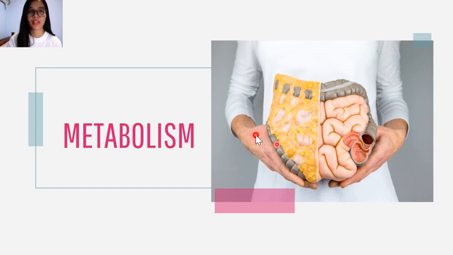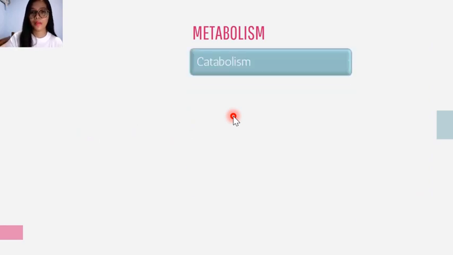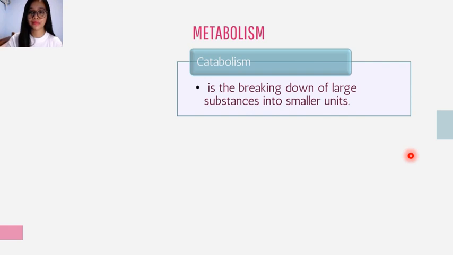Okay, so if you can remember, there are actually two types of metabolism. You have your catabolism, and it is the breaking down of large substances into smaller units. Like for example, the breaking down of stored glycogen into smaller building blocks or glucose.